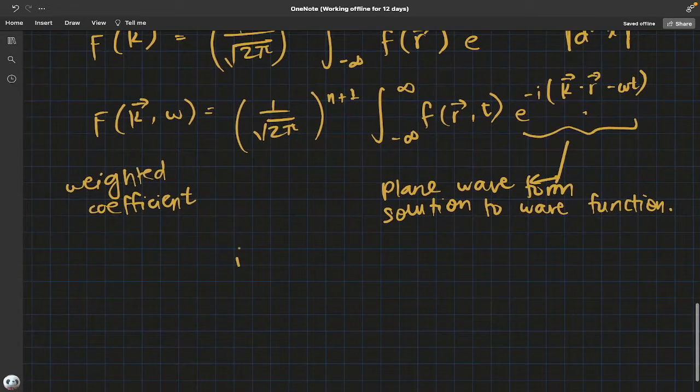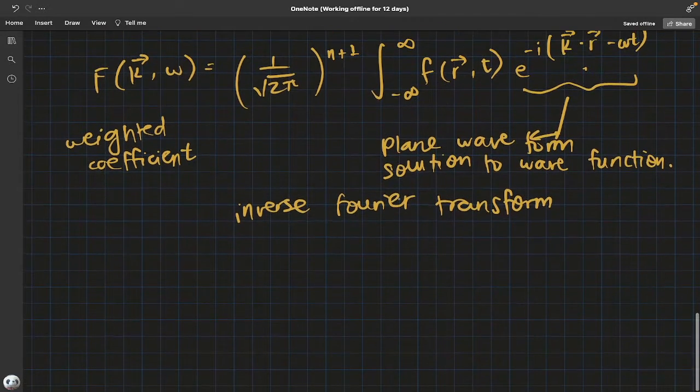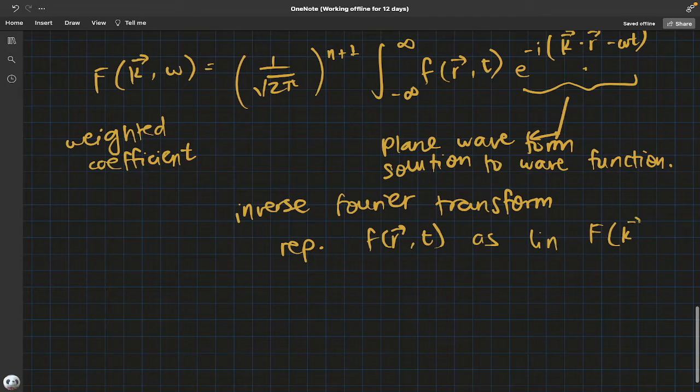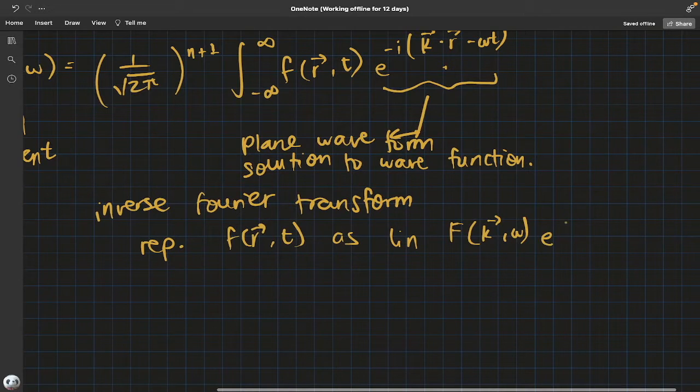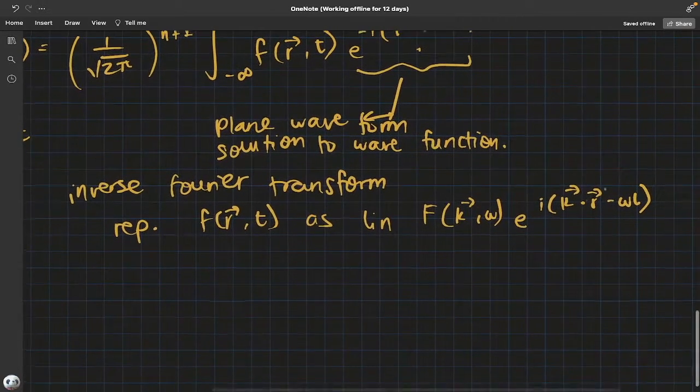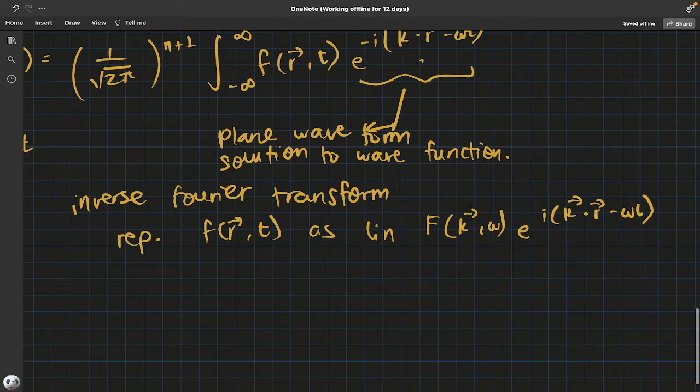So the inverse Fourier transform is basically representing f of r comma t as a linear combination of this weight that we found and the plane wave solution. And since you're working on an infinite dimensional basis, instead of a sum, we have an integral over the entire space, in this case space and time.